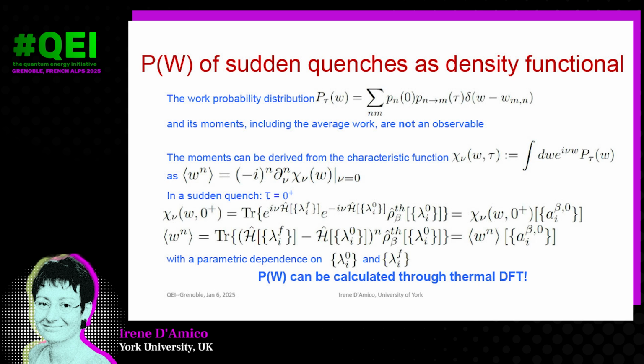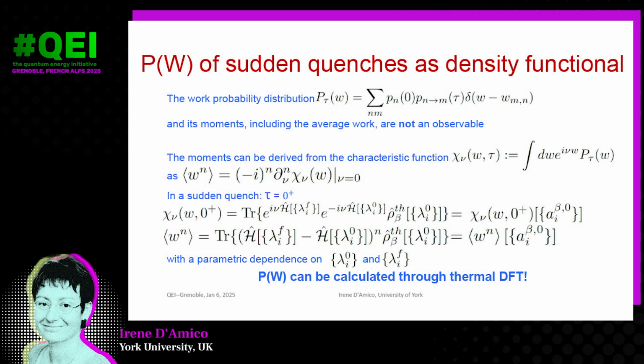And I can do the same for any moment of the work distribution, which also becomes explicitly a functional of the initial local density, with the parametric dependence on the initial and final working parameter. That's nice, we know they are functionals.